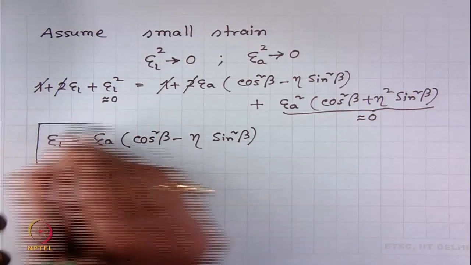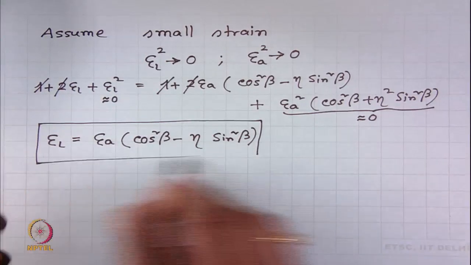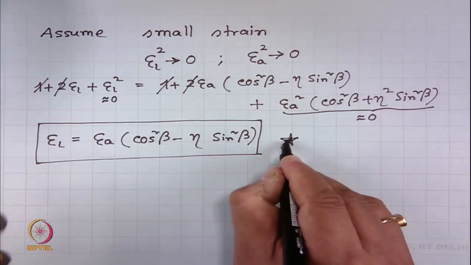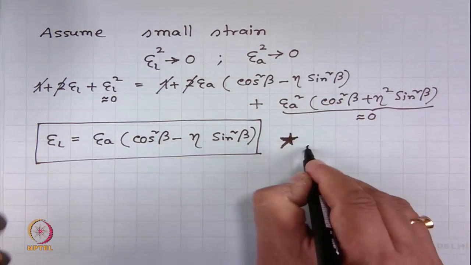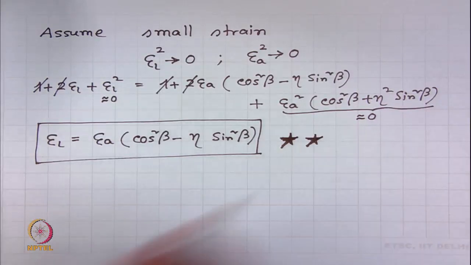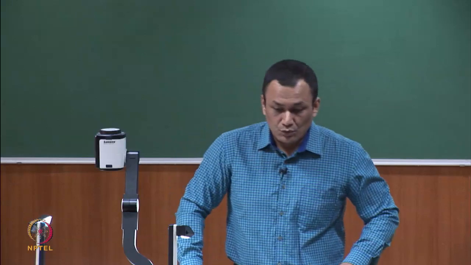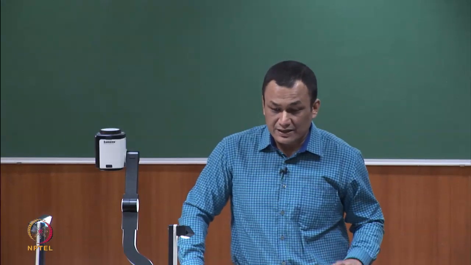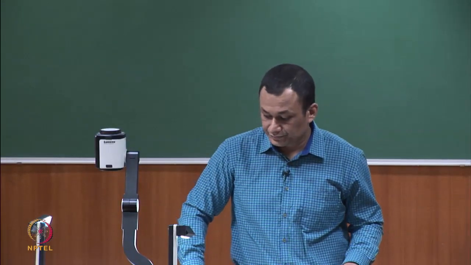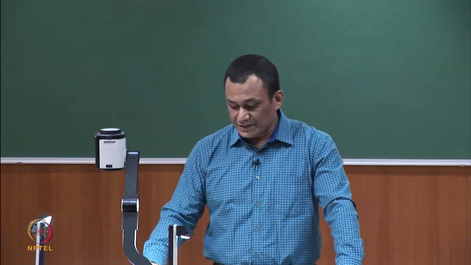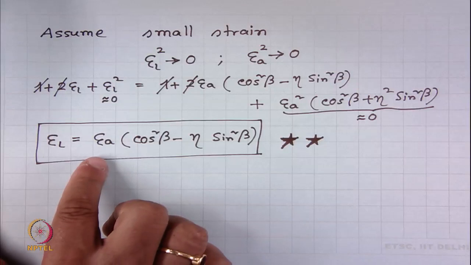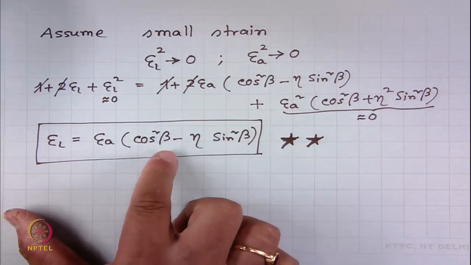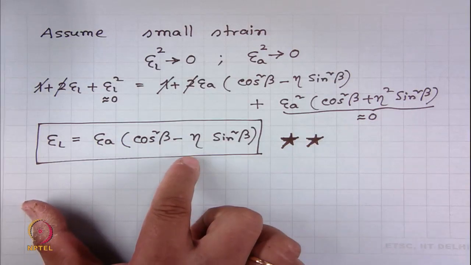This relation is a very important relation, because it characterizes what will be fiber strain if we apply a given amount of strain to yarn. So, fiber strain depends on yarn strain, twist angle beta and contraction ratio eta. These three quantities determine fiber strain.